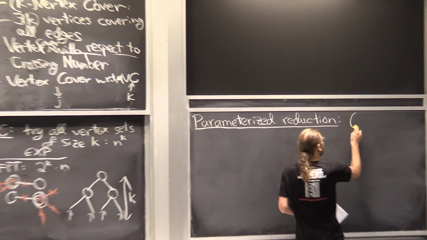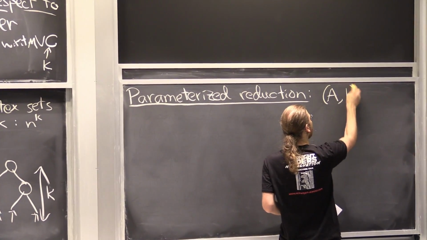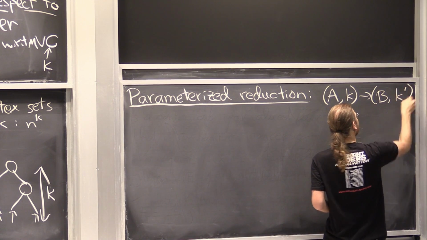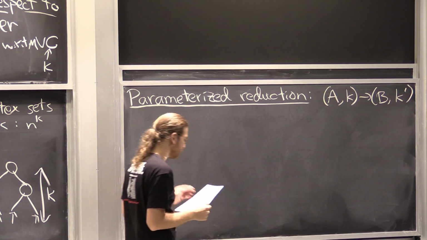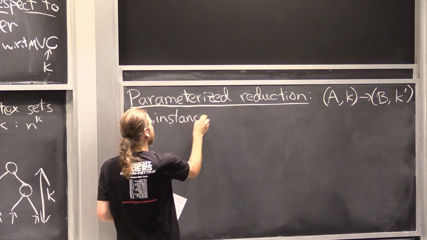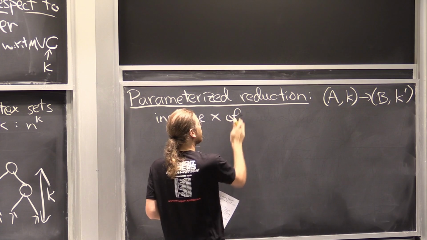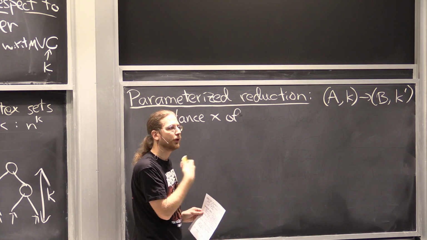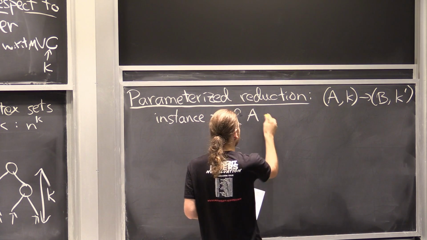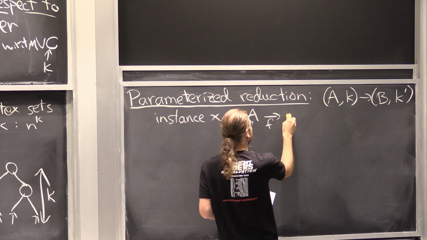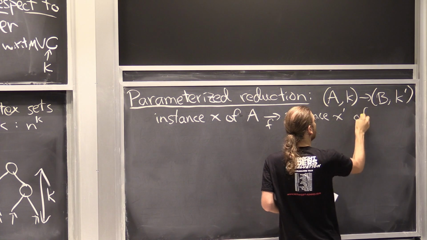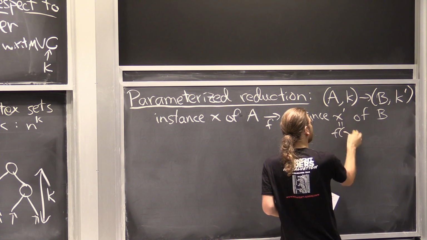So in general, we have some decision problem A with parameter k, and we want to convert it into some decision problem B with parameter k prime. As usual, the setup is we're given an instance x. This is going to look almost identical to NP-style reductions, but then we're going to have one extra condition. Instance x of A gets mapped by a function f to an instance x prime of B. x prime is f of x.